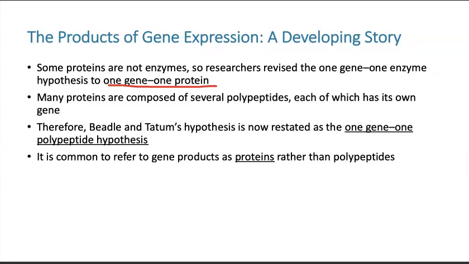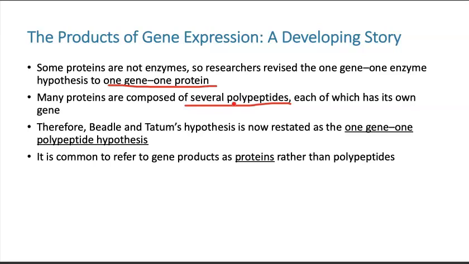So that was pretty good for a little while, but we also know now that many proteins are composed of several subunits, and those subunits of a protein are called polypeptides. Each of those subunits in a protein that's got several polypeptides is going to have its own gene.